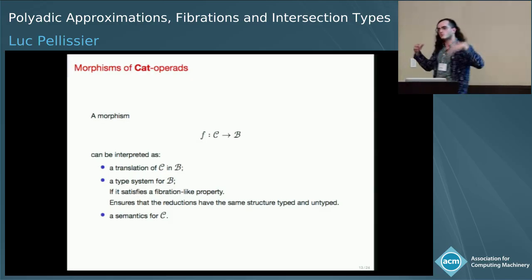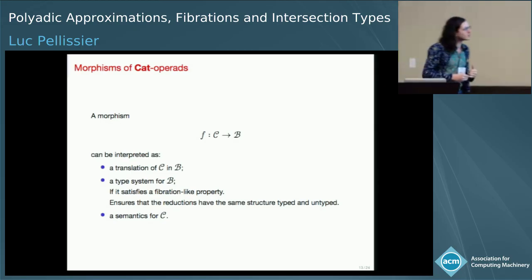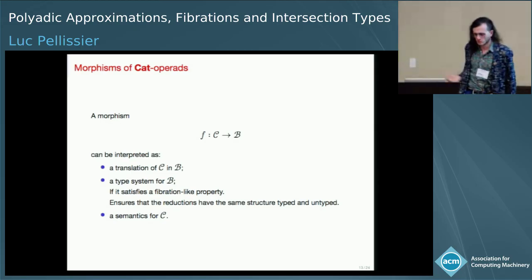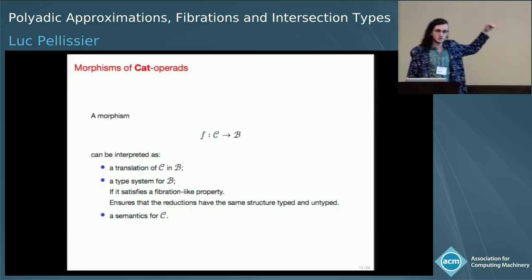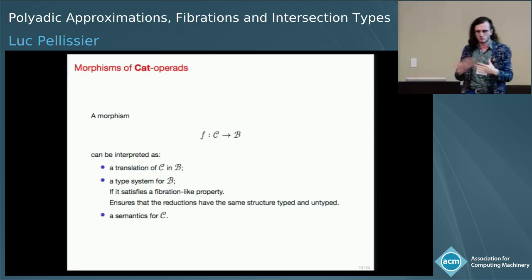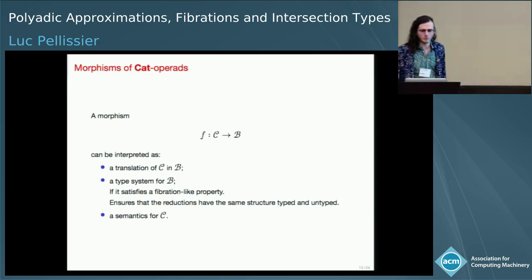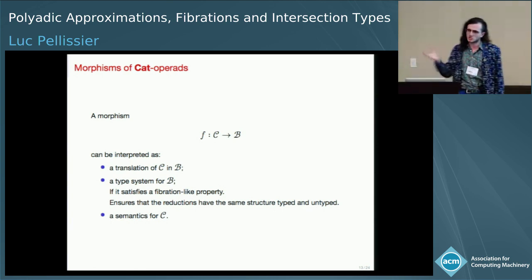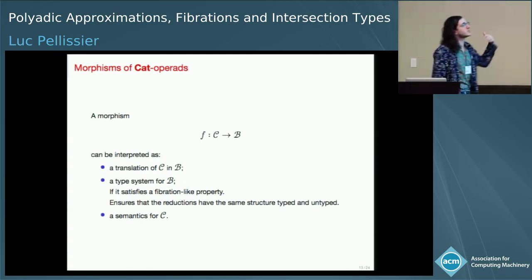We can view morphisms of cat operas, so morphisms that preserve all the operations endowed in cat operas, as a translation, which is the most natural meaning of morphism. But it can also be interpreted as a semantics, which is not that different from a translation. More interestingly for our purpose, it can also be interpreted as a type system.